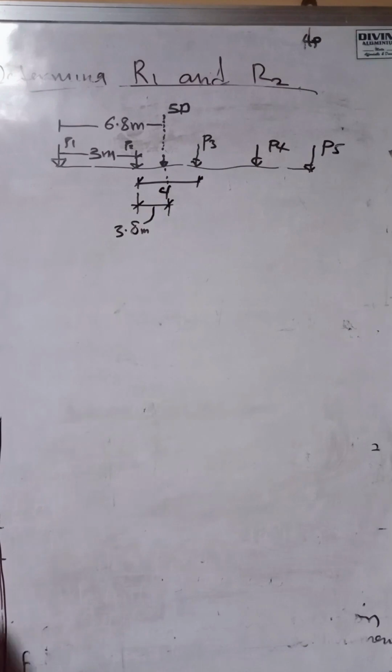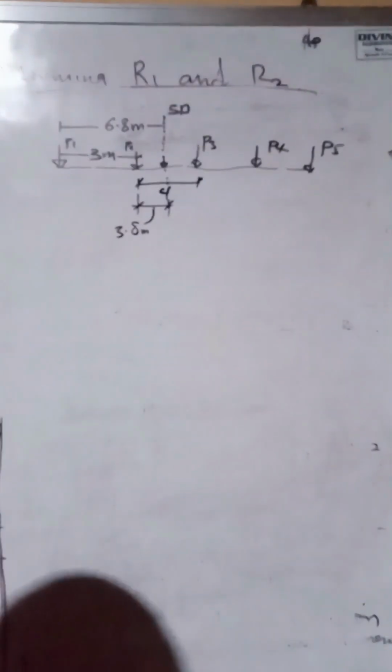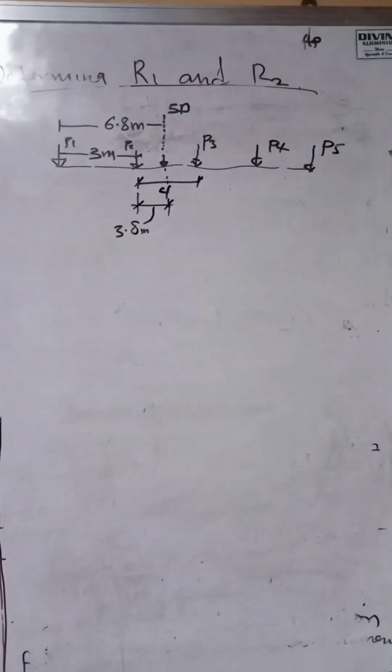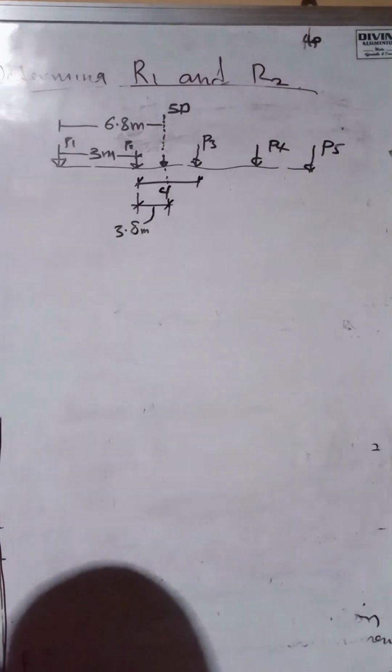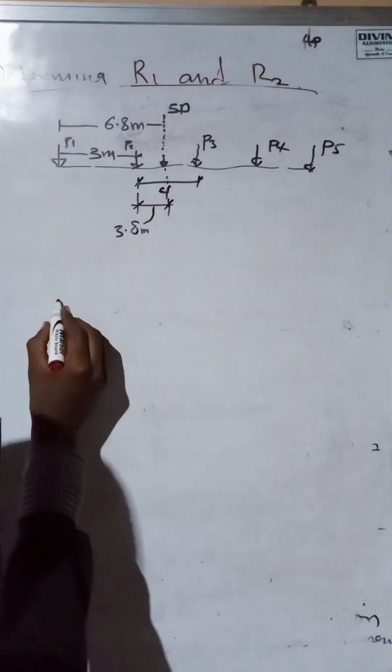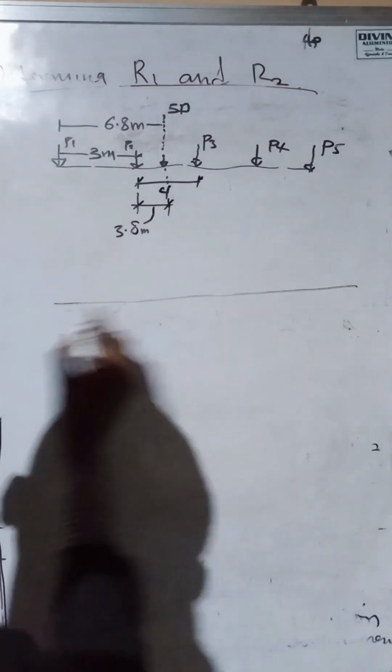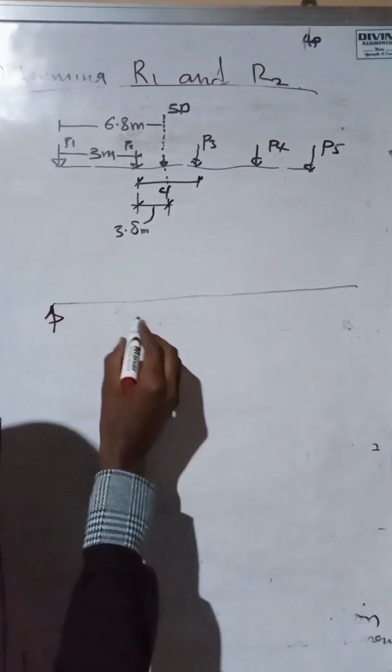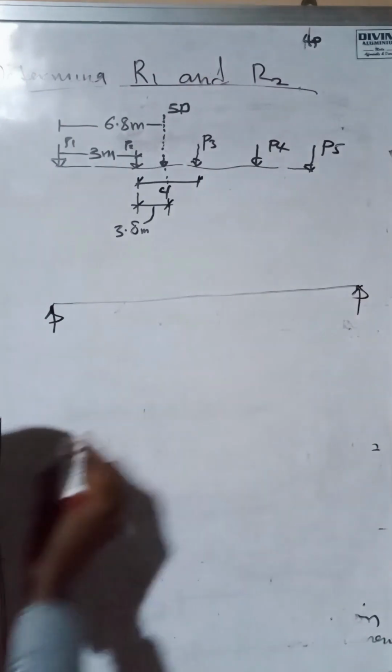So the first thing we are going to do is to place this vehicle in such a way that the equidistance between the resultant load and P is placed to coincide with the center line of the beam. So when we do that, we have the beam as this. This is our beam, simply supported beam.